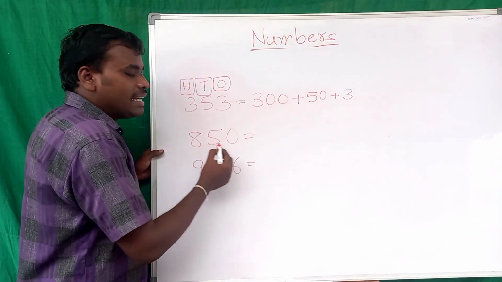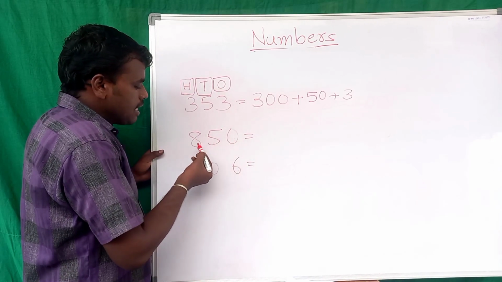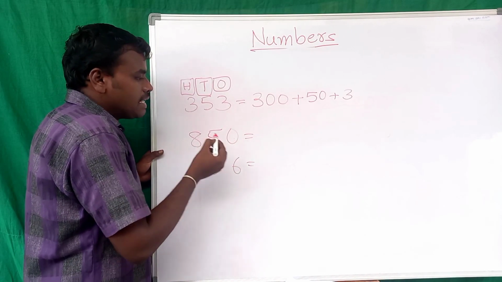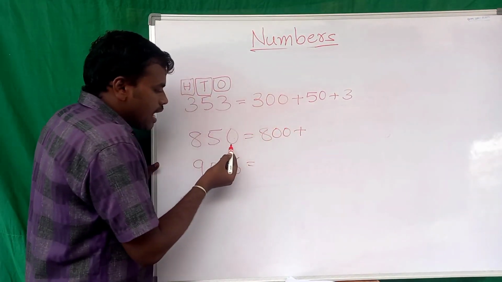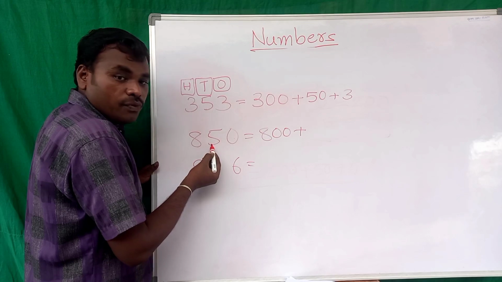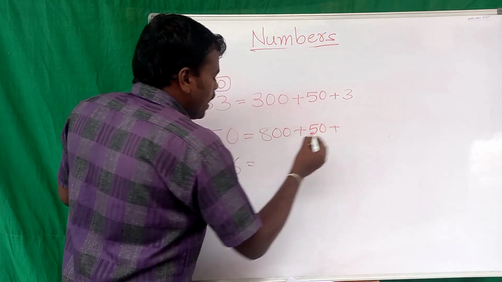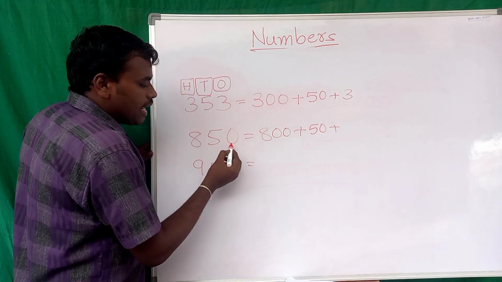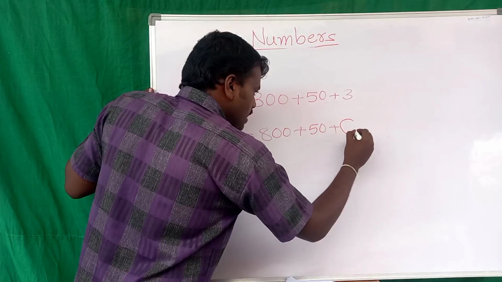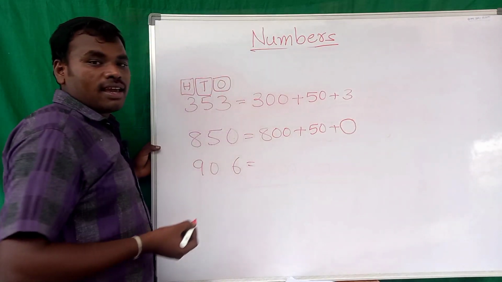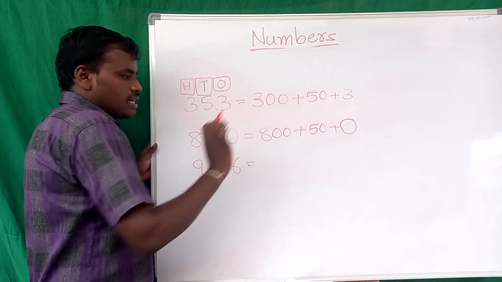Similarly 850: ones, tens, hundreds. In the hundreds room 8 is there, so the place value is 800, plus in the tens room we have 5, so 5 tens is 50. In the ones room we have 0, that means nothing is there, so we write 0.